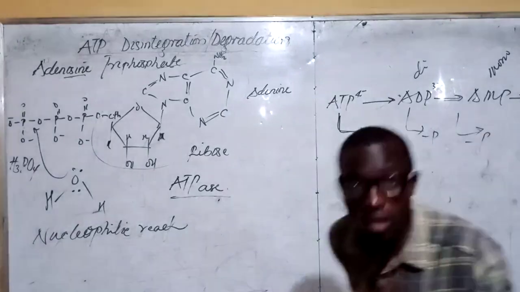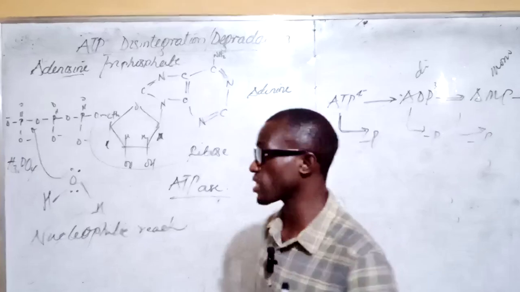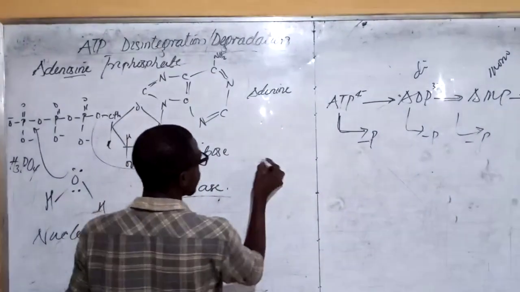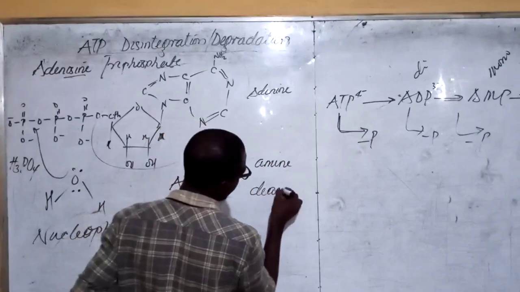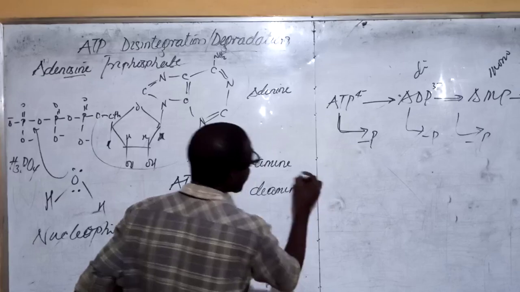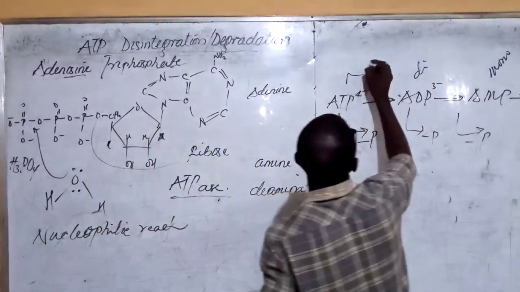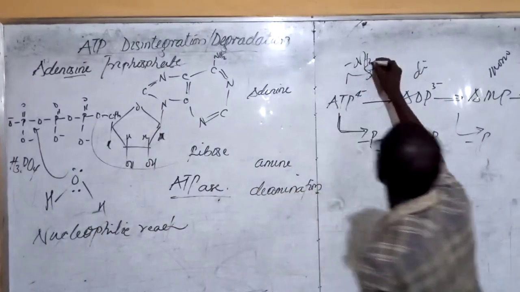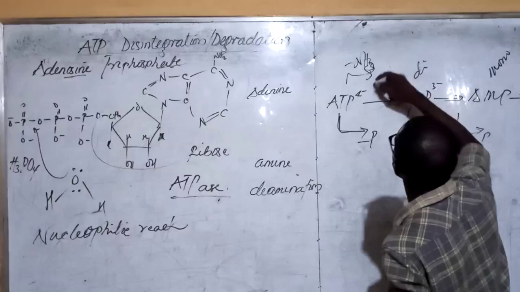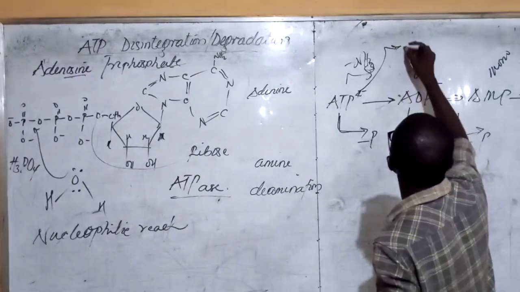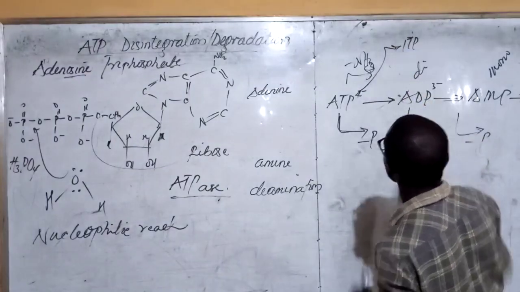Now, because the organism is dead, there is another process that could follow, the loss of an amine group. When an amine group is lost, the process is known as deamination. So following deamination, we could lose NH3 here. So when we lose NH3 here, we form what is known as ITP.